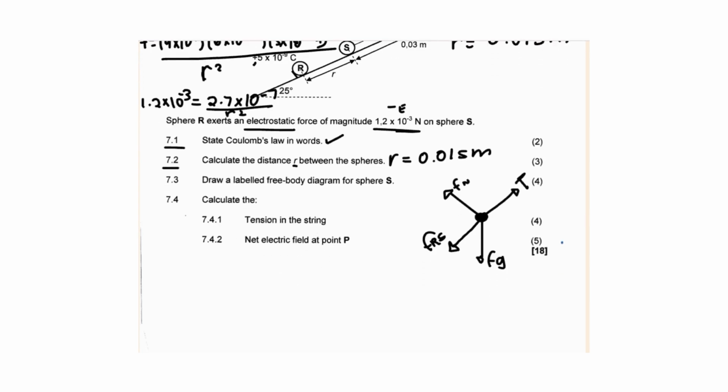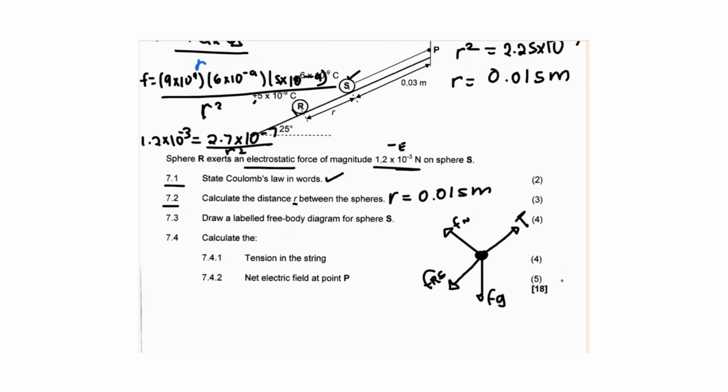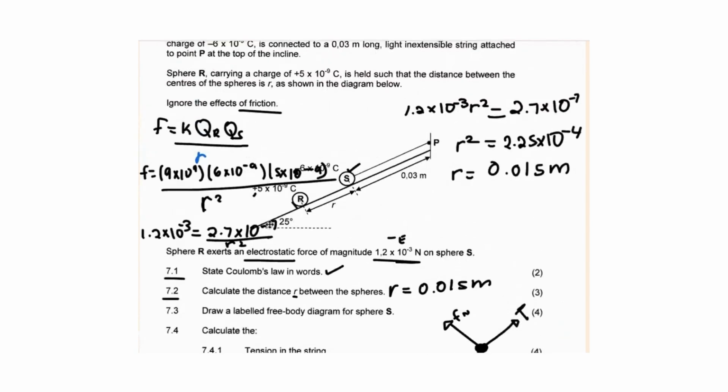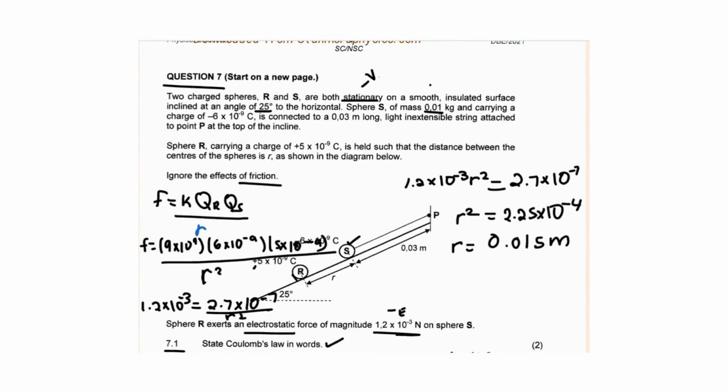And then question 7.4, calculate the tension in the string. So we want to find the tension in the string, and to find it, let us consider S, because it's the one that is attached to the tension, and they had said that they are stationary. So if they are stationary, it means we don't have velocity. If we don't have velocity, it means we don't have acceleration. If we don't have acceleration, it means F net is also 0.